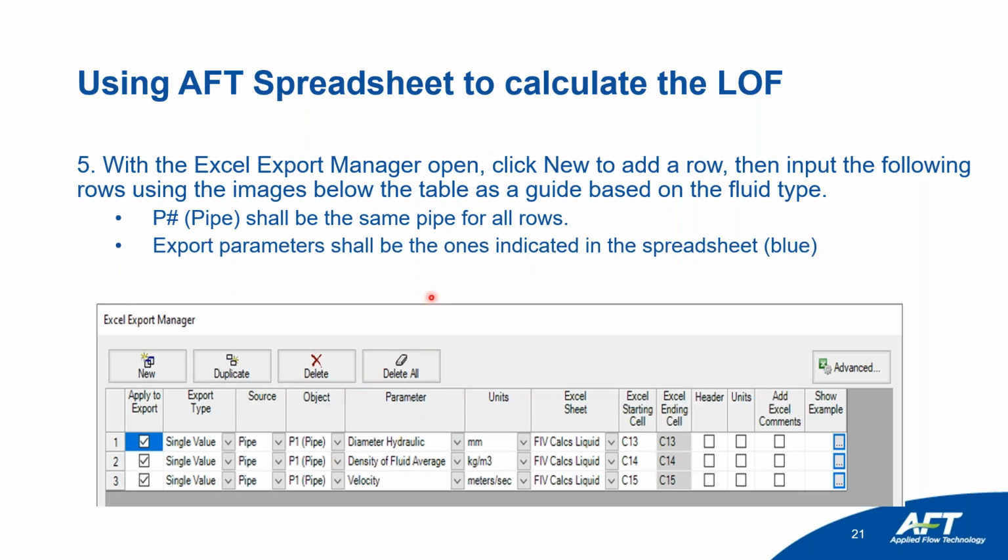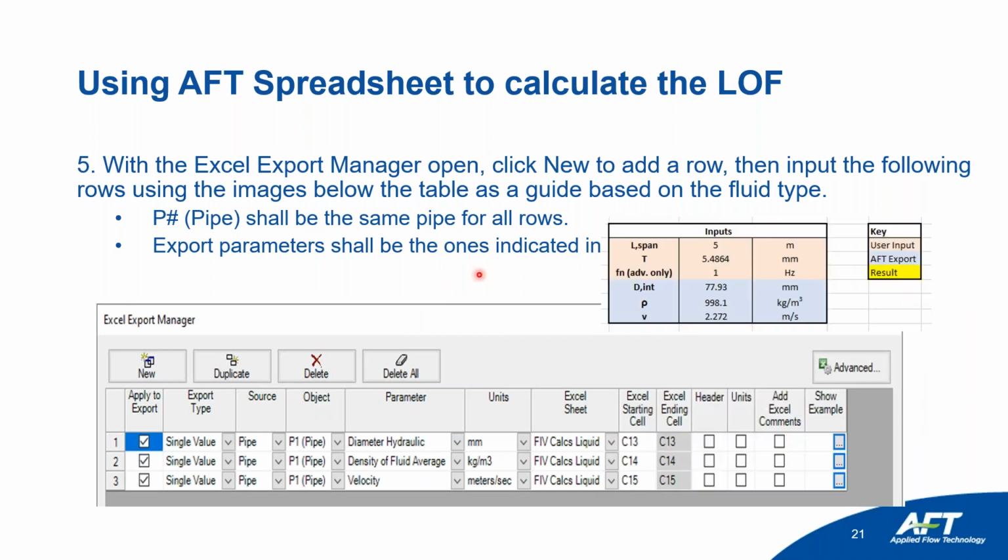The export parameters will be the ones indicated in the spreadsheet in blue. As I said, blue tells you that you need to export it from your model: diameter, density, and velocity. And another important thing is that the units will be the same as the tables.